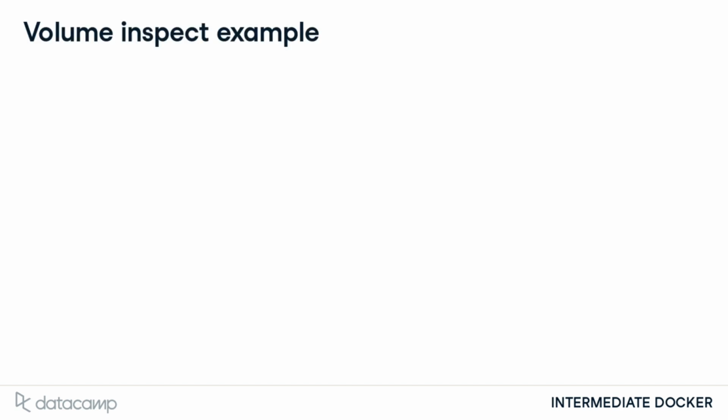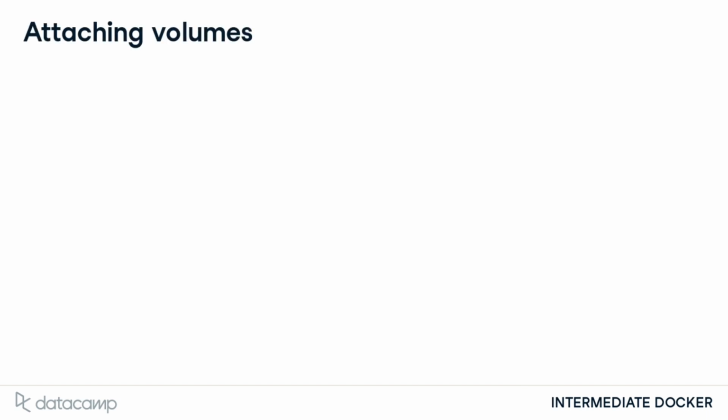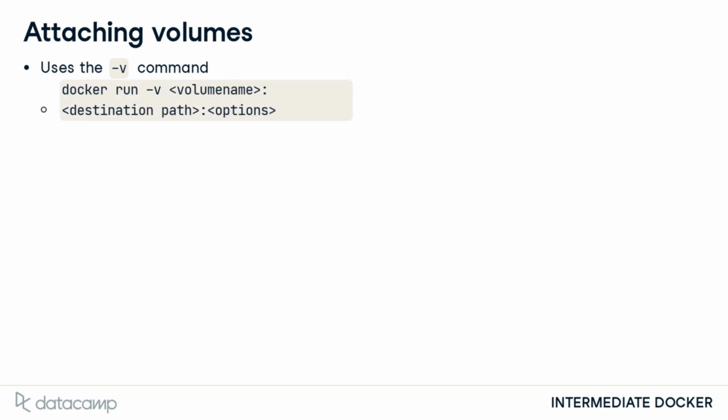Let's also use the docker volume inspect command, such as docker volume inspect sql data. This returns various metadata regarding the name, age, mount point, options, and so forth. To actually use our volume with a container, we use the -v flag once again. This would look like docker run -v volume name:destination path, and optionally :options.